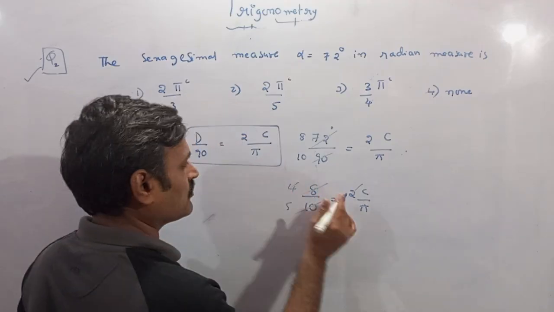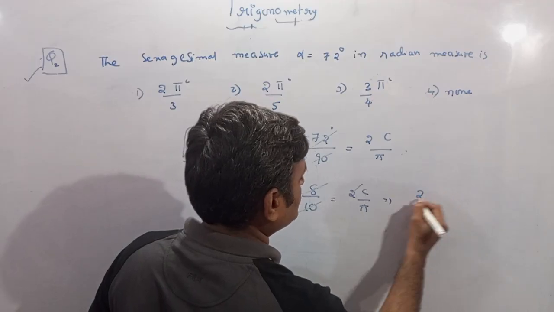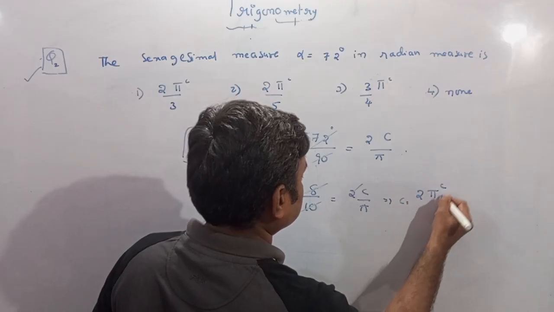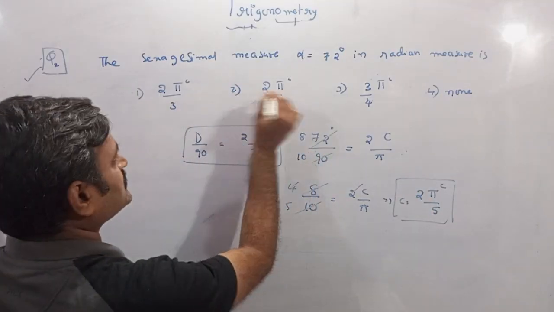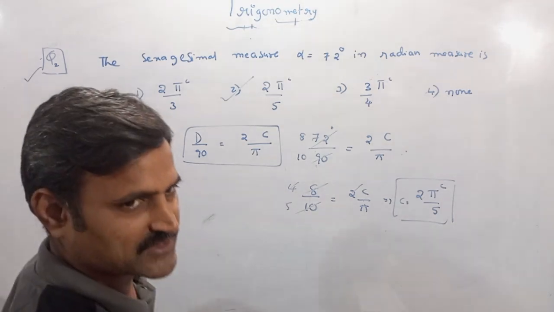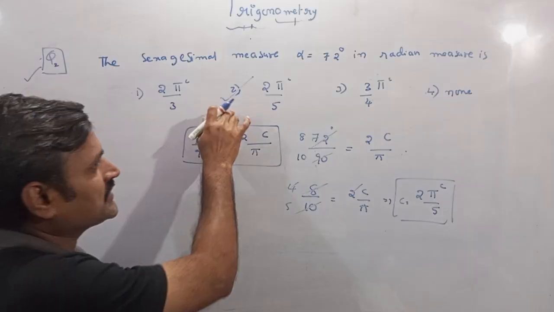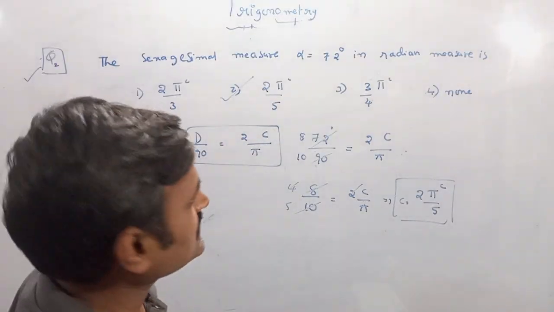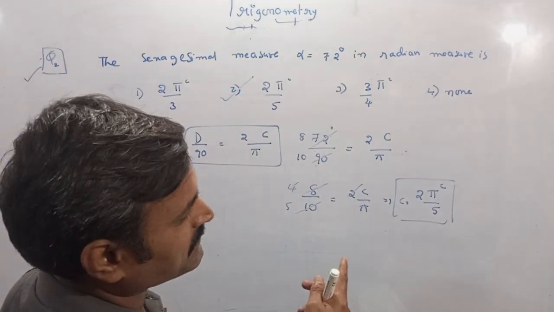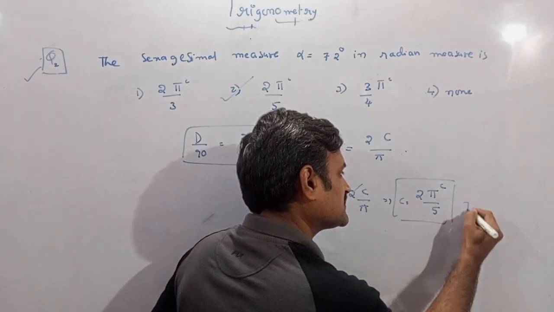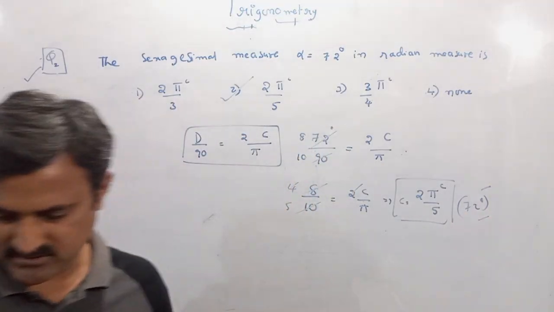So after cancelling all this and simplifying, you will get C is equal to 2 pi by 5. So this is the right answer for this question. 2 pi by 5 radians is the answer, which is, 72 degrees is equal to 2 pi by 5 radians. Okay, next question we'll see.